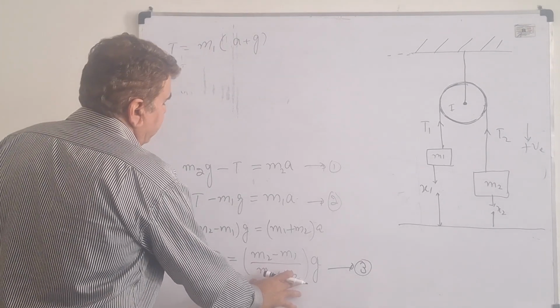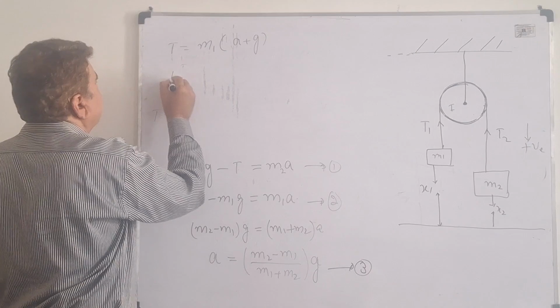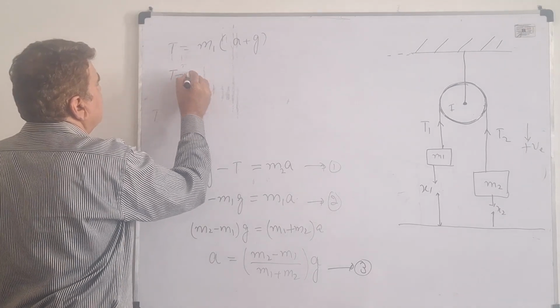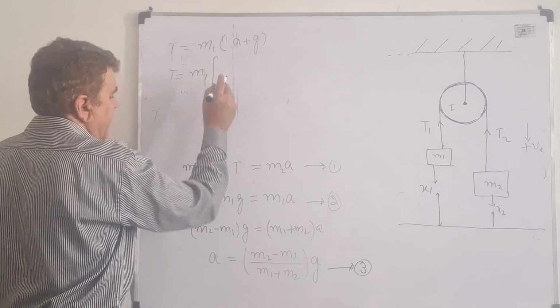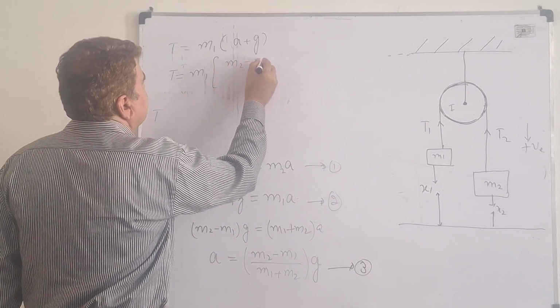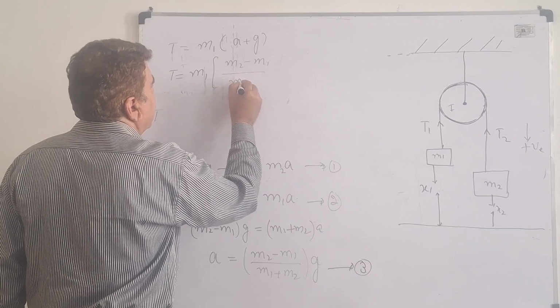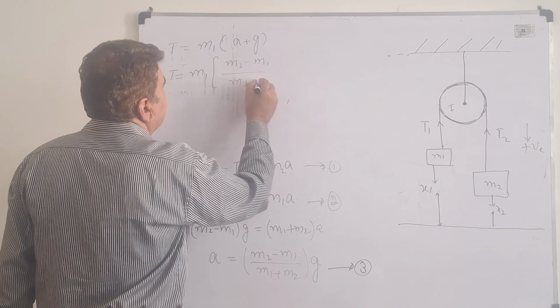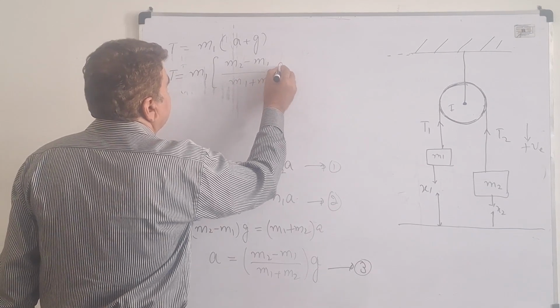And if I substitute the value of A over here, I can then write this as T equals M1 times (M2 minus M1 divided by M1 plus M2 times G).